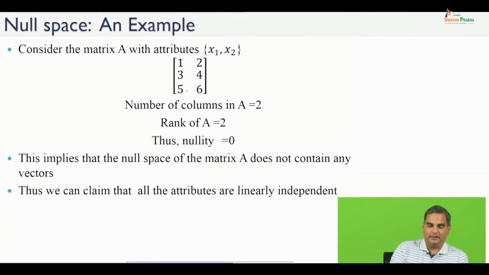So you can see that the number of columns is 2, since they are independent, the rank is 2. Since the rank is 2, nullity is 0, right? Because both the variables are independent, you cannot find a relationship. If you were able to find a relationship, then the rank should not have been 2. So this basically implies that null space of the matrix A does not contain any vectors, and as we mentioned before, these variables are linearly independent.